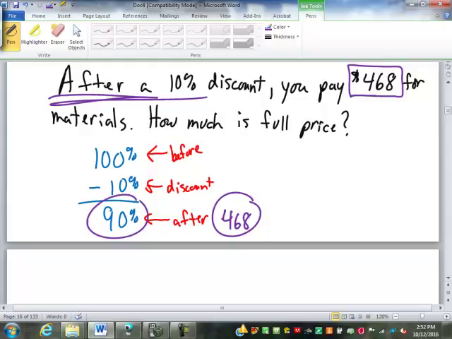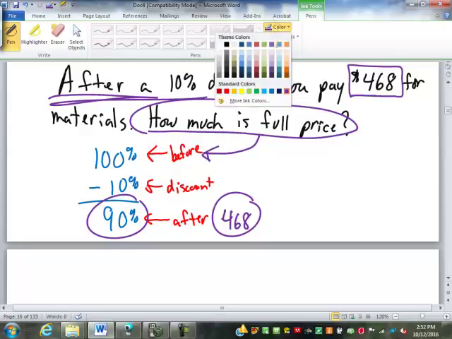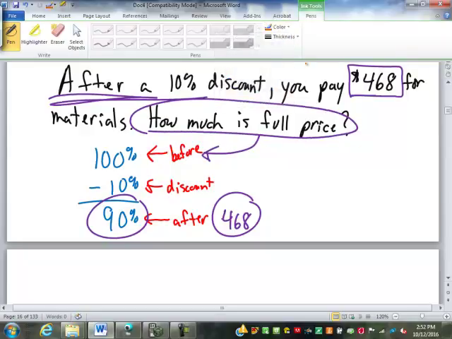So now here we're asked to find the full price. Full price would be before the discount. So when we set this up to calculate, we're going to use the 90% with our 100%. Does the 468 go on top or bottom?